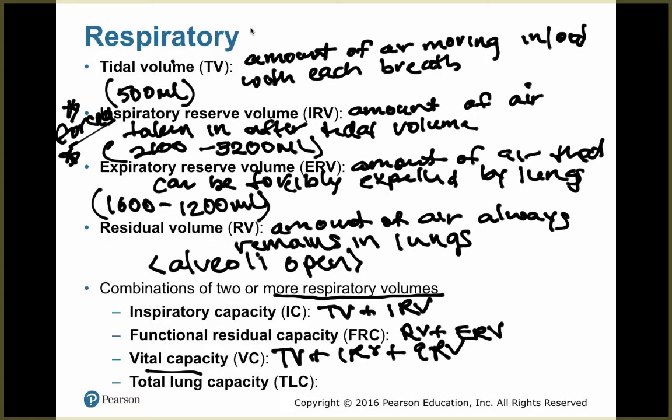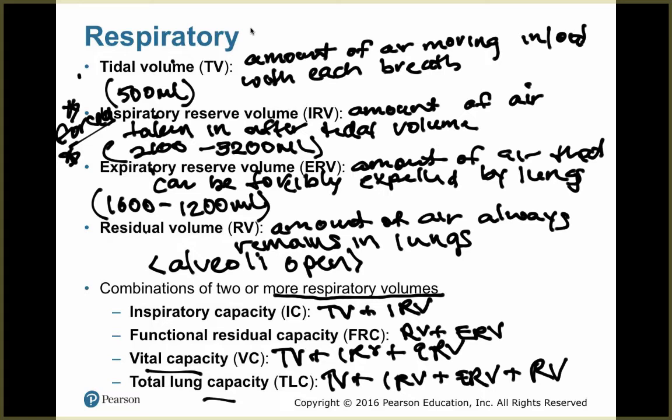And total lung capacity is all of it. That's the TV, the IRV, the ERV, and the residual volume. When you're looking at total lung capacity, we're looking at the whole amount.